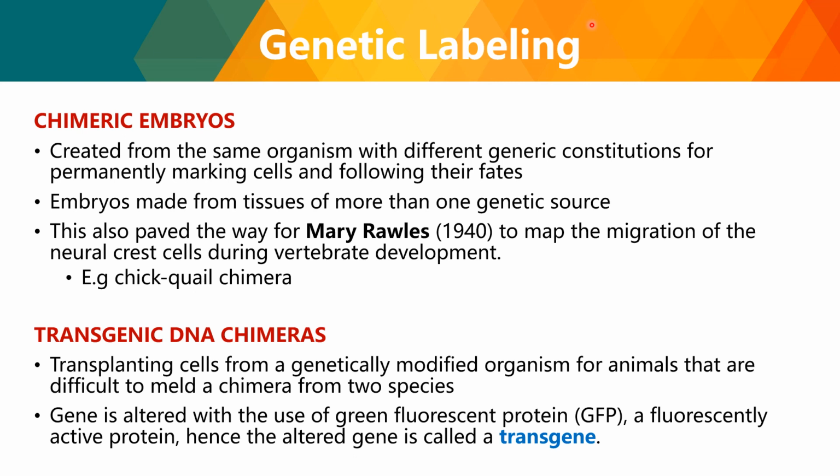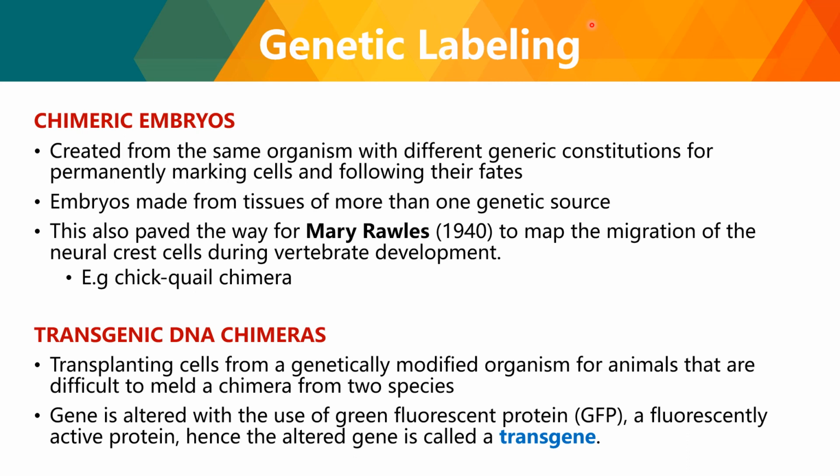Also, they have used transgenic DNA chimeras. So, ito naman, the process is by transplanting cells from a genetically modified organism for animals that are difficult to meld a chimera from two species. And the gene is altered with the use of green fluorescent protein or GFP, a fluorescently active protein.